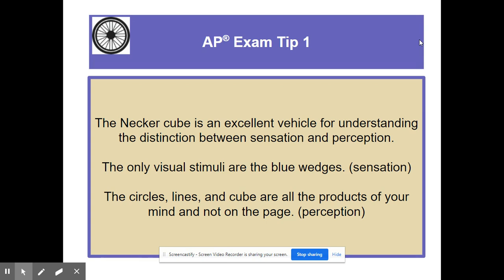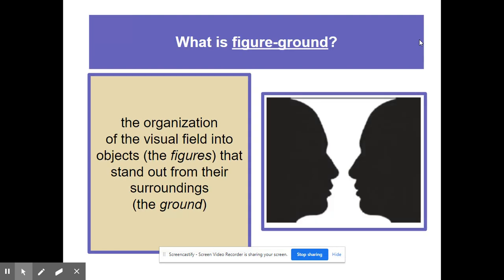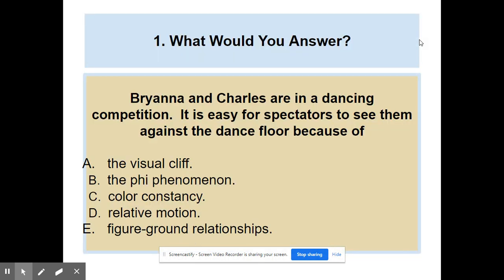So what is our first perceptual task? We perceive any object as distinct from its surroundings. Case in point: do you see the vase or do you see faces? So what is the second task that we have?